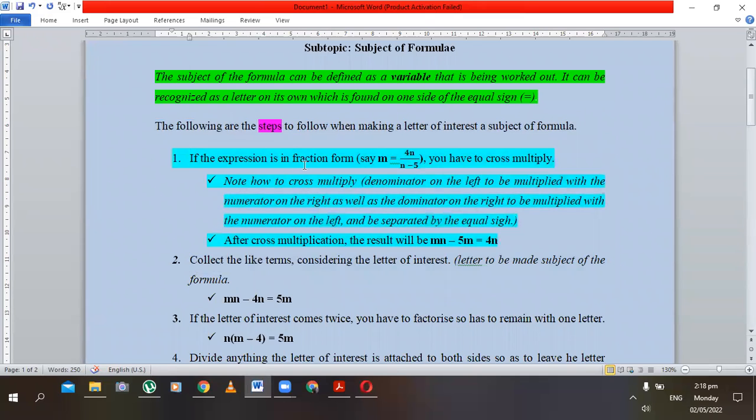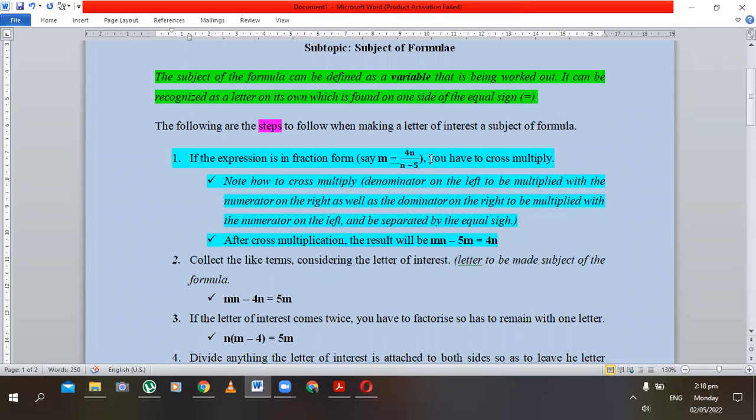There are times the expression may be given in such a way that either on the left or on the right-hand side, or both, have a fraction form. Now, how do you know that it's a fraction form? We know very well that a fraction has the denominator, a number at the bottom, as well as the numerator, the expression at the top.